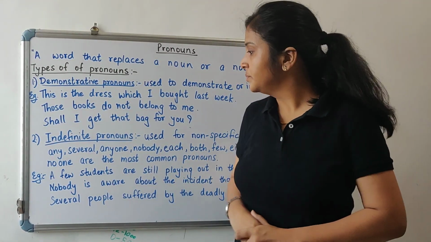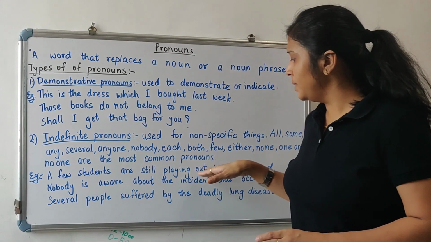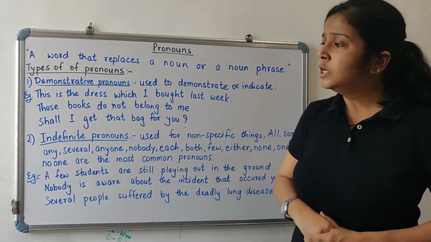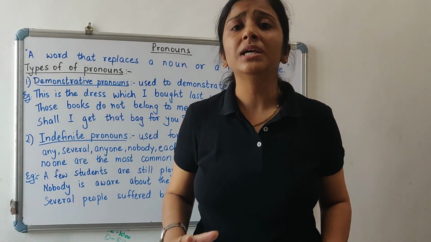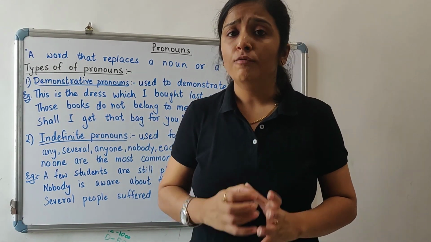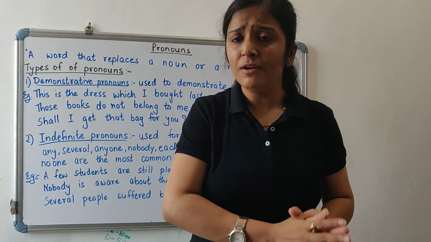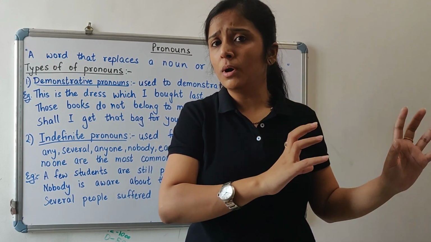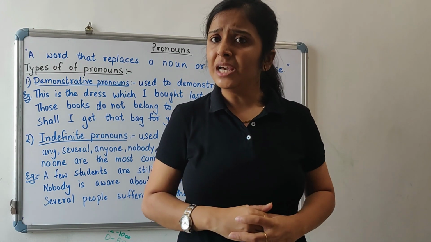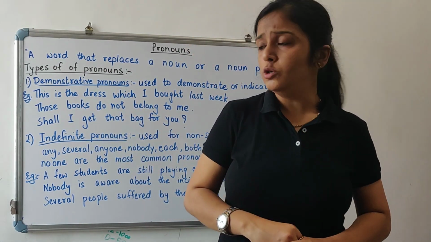For example, a few students are still playing out in the ground. Here, a few students means I don't know the names. It's indefinite. When you're not sure about the things or the people or the group you're talking about, that time indefinite pronouns are used.